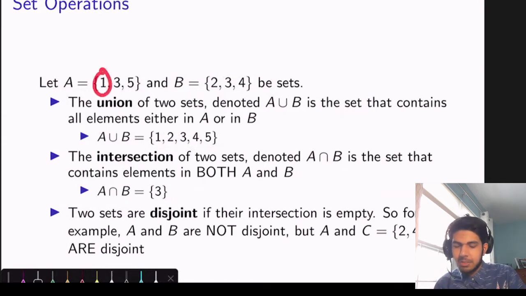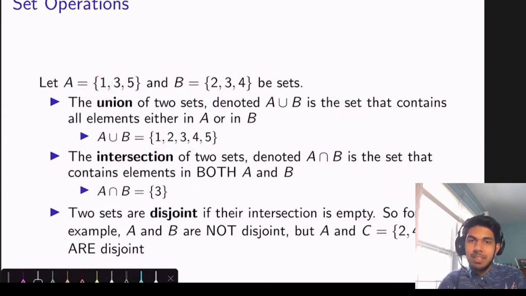So the first element, is 1 contained in B? No, so it's not included in our intersection. Is 3 included in B? Yeah, it's right here. So it's in both A and B, so we include it in our intersection. Next, 5, is that included in B? No, so that's it. Our intersection of A and B, in this case, is just the set that contains 3.